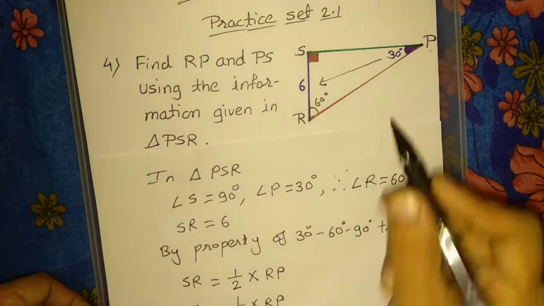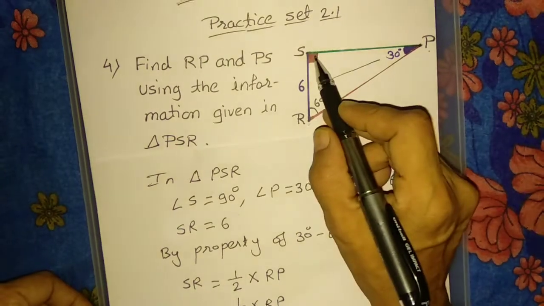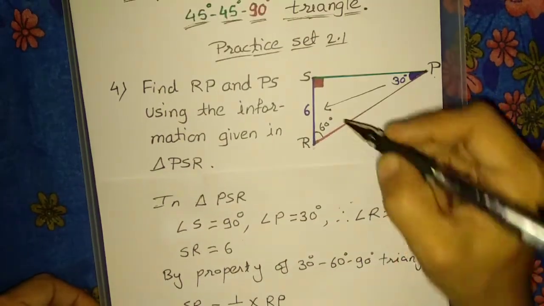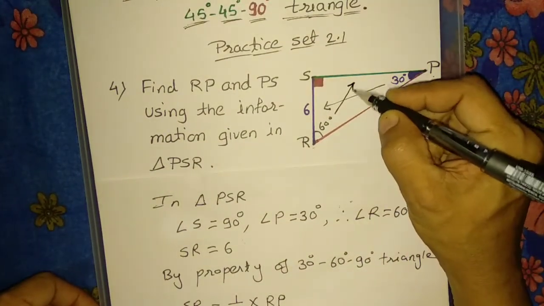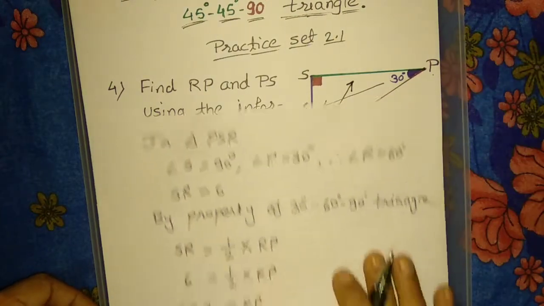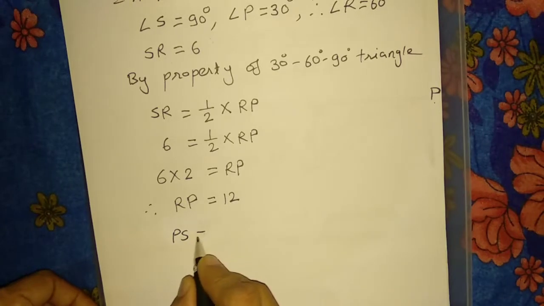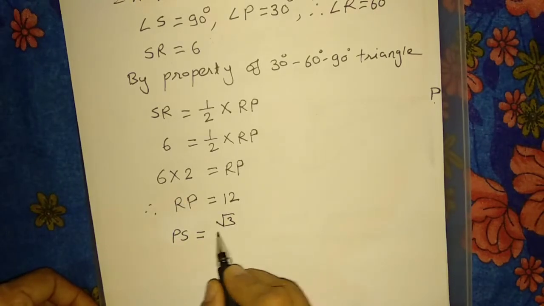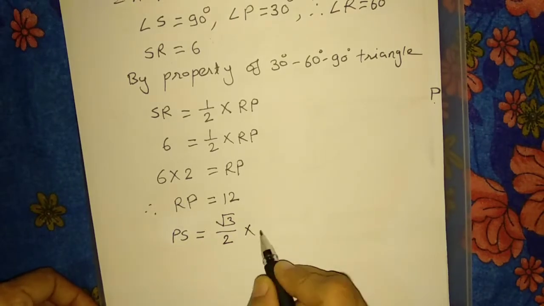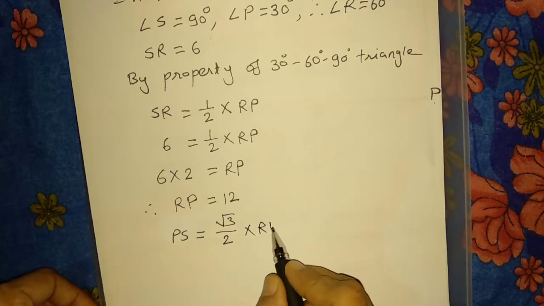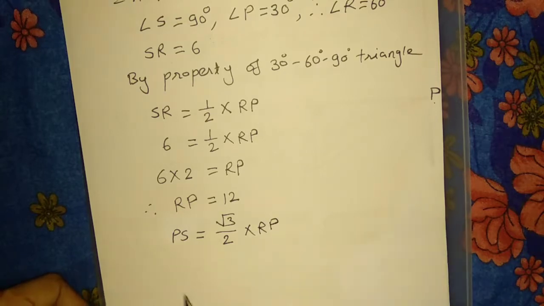And PS is side opposite to 60 degree, and side opposite to 60 degree is equal to root 3 by 2 into hypotenuse RP.